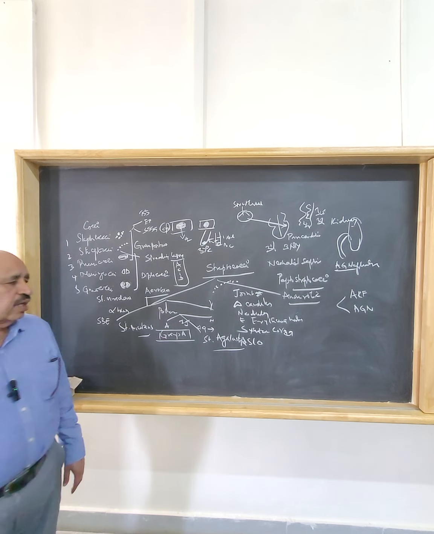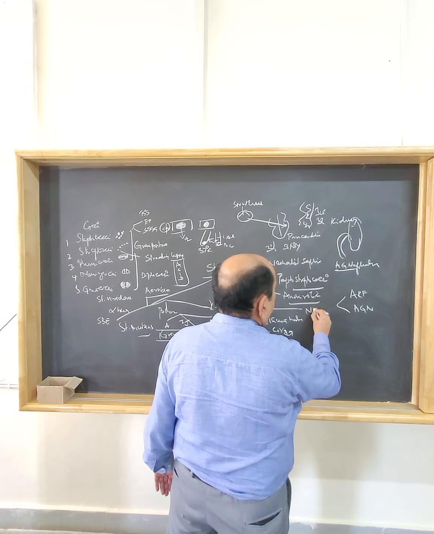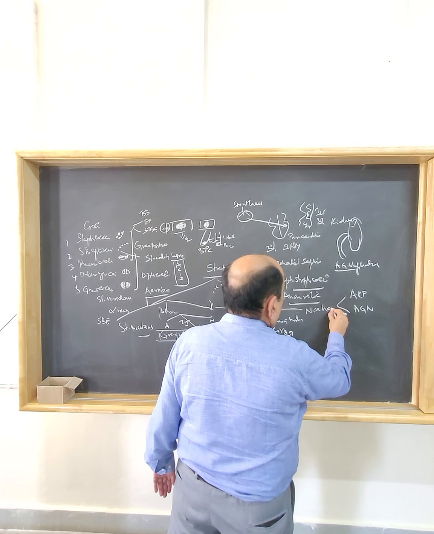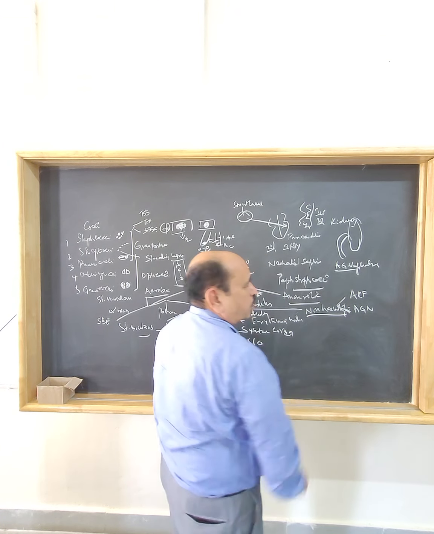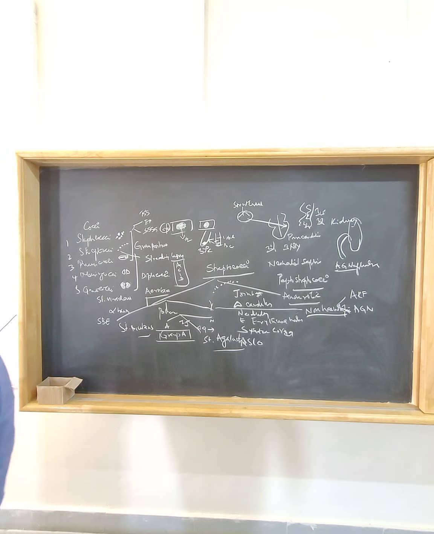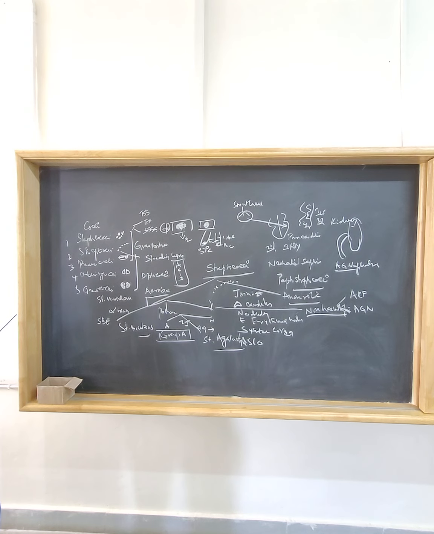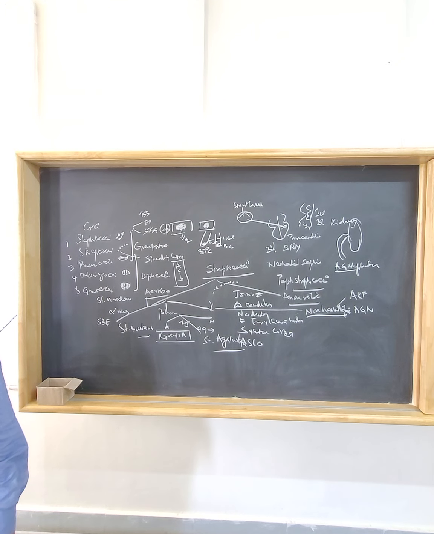Now coming to the gamma hemolytic streptococci. Gamma hemolytic means non-hemolytic. It does not show any hemolysis on blood agar. An example of non-hemolytic streptococci is enterococci.